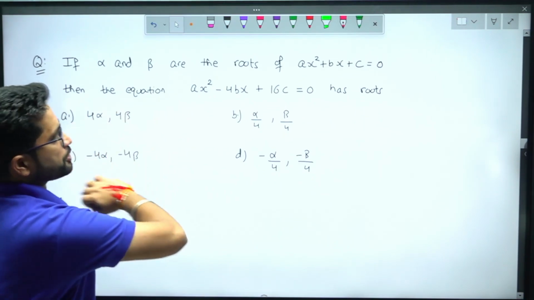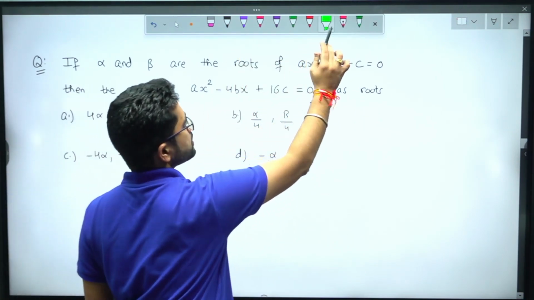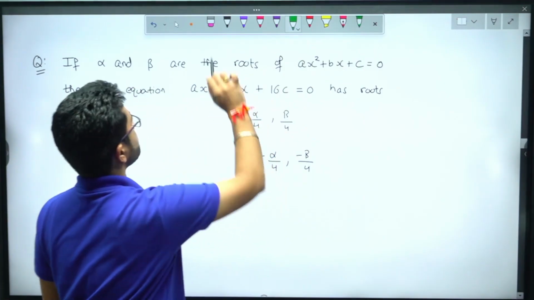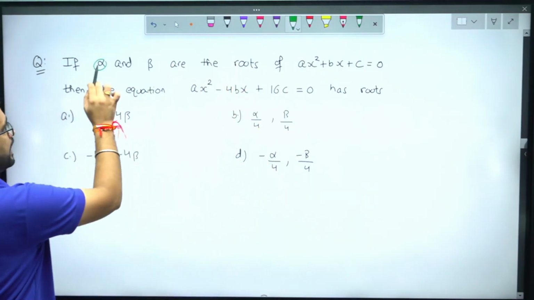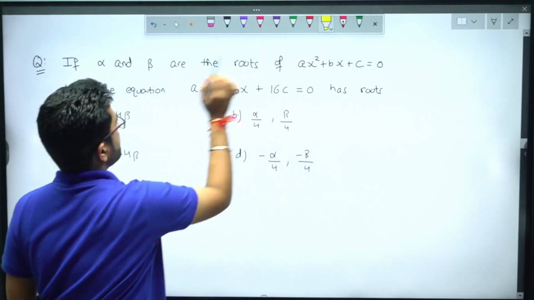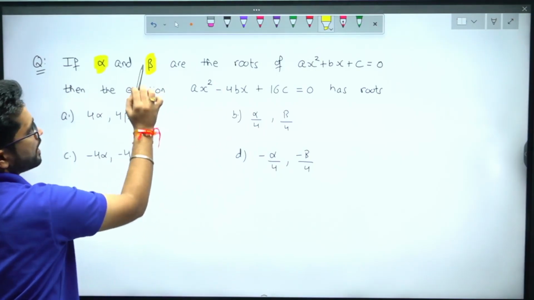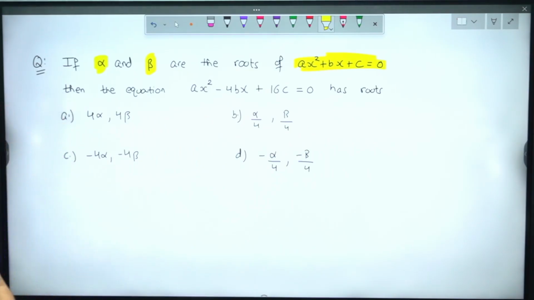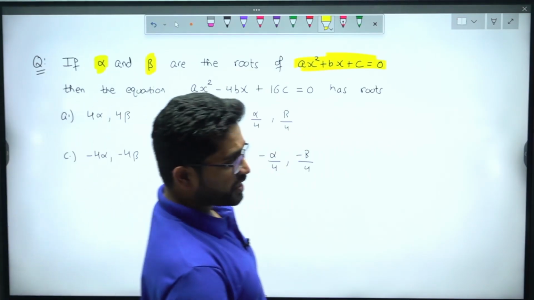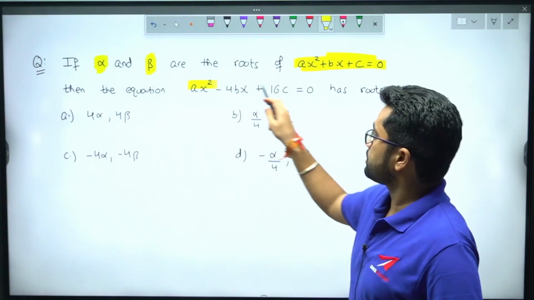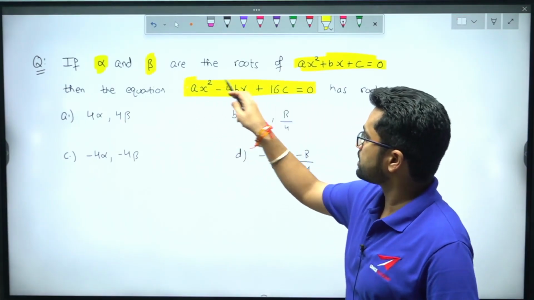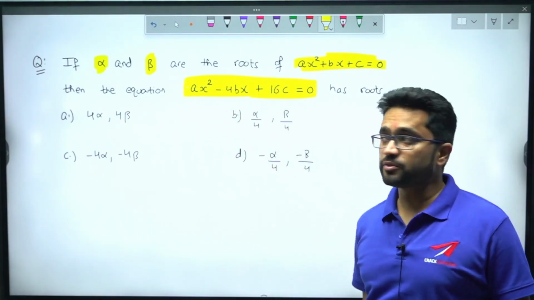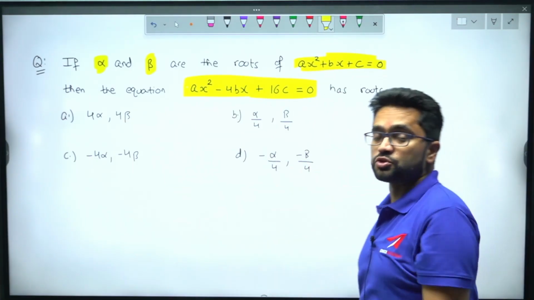Let's have a tricky question. This is a very beautiful question. It says alpha and beta are the roots of a given equation. Then they are saying the equation ax^2 - 4bx + 16c = 0 has the roots.